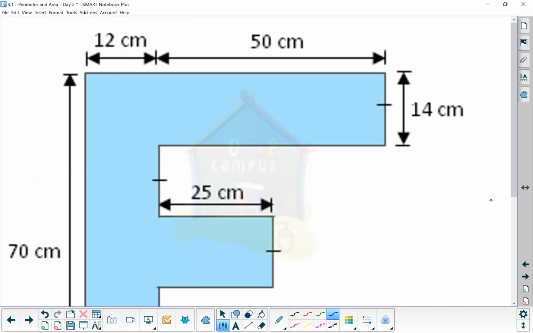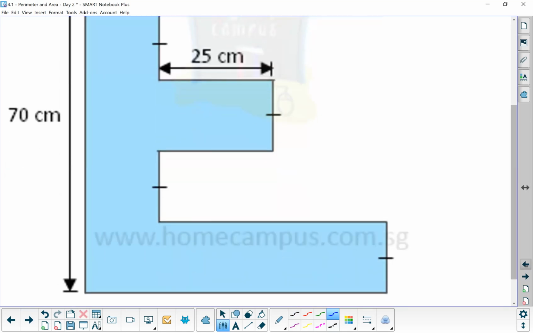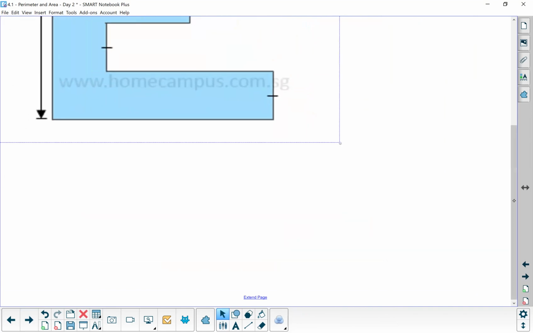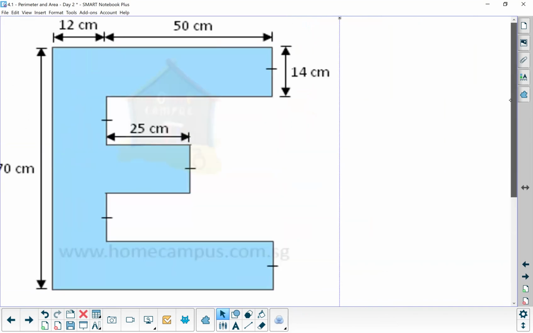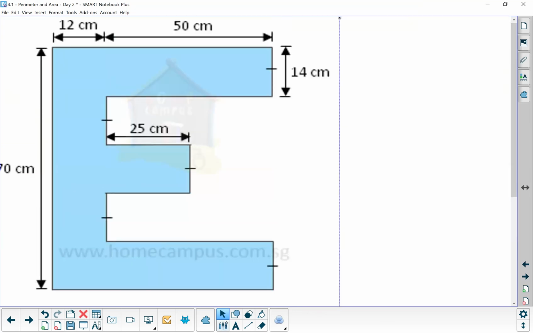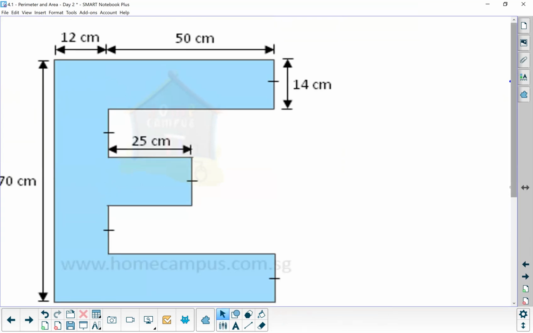So here we've got a little bit more complex shape. So we're told the top is 12 plus 50.